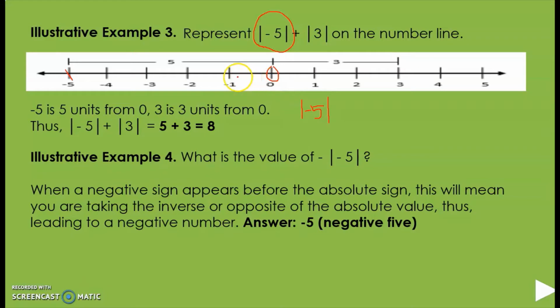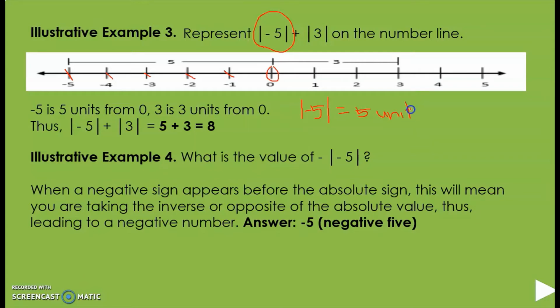So let's count it. 1, 2, 3, 4, 5. So meaning to say there are 5 unit distances covered from 0 to negative 5.